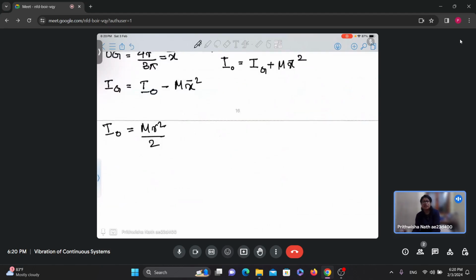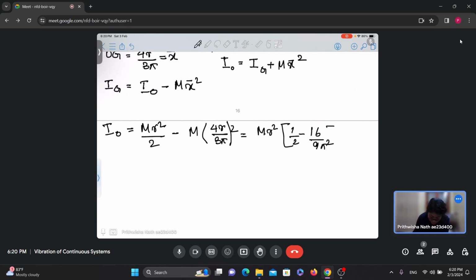So in place of IO, I write M r square by 2, and in place of x bar, I substitute 4r by 3 pi, so this I can write as minus 16 by 9 pi square.